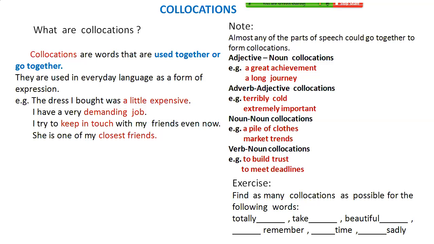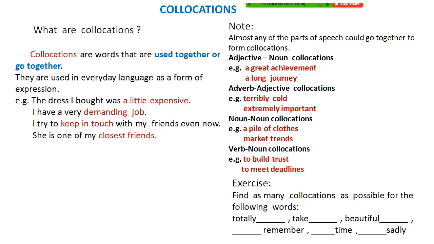You could have another kind of combination to form collocations using verbs and nouns. Like, for example, to build trust. Here, to build is a verb, while trust is a noun.